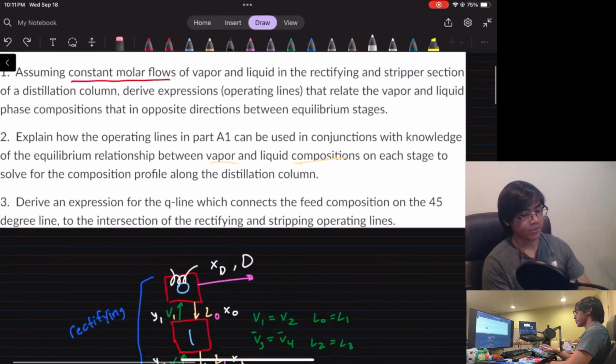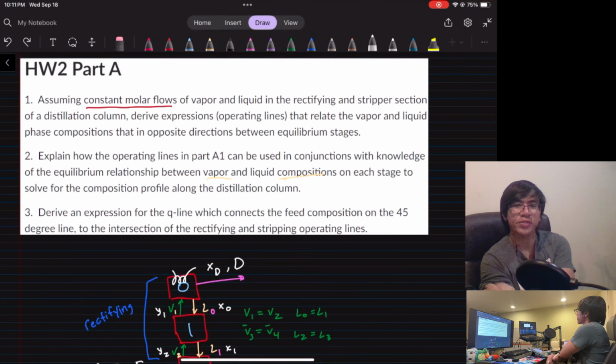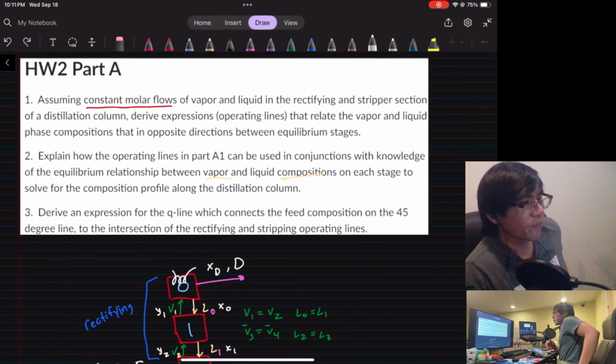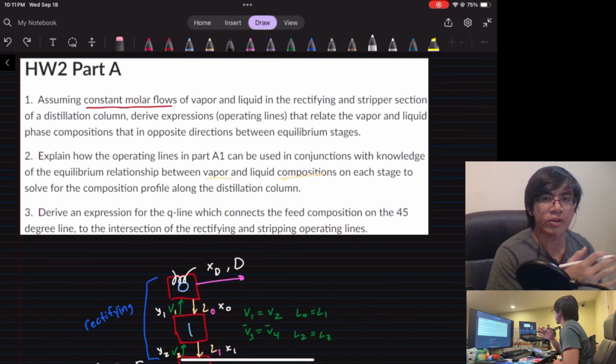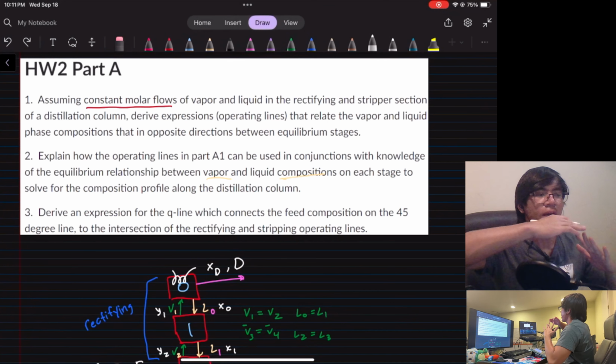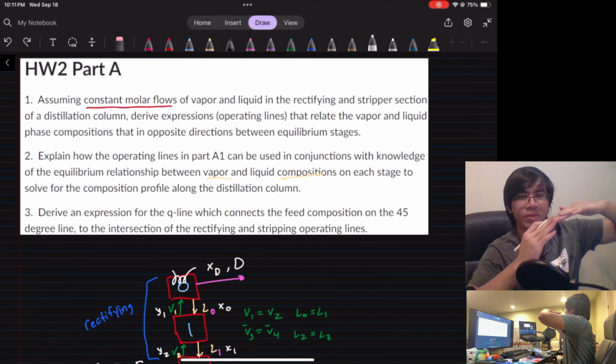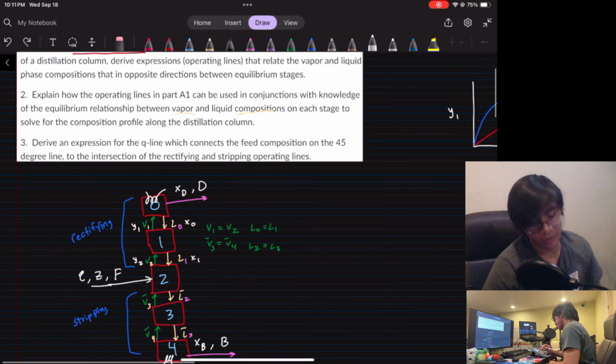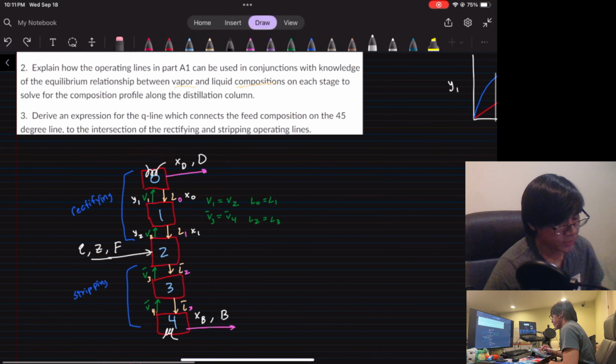Before I go graph this, let's also derive the Q line. The Q line is the line connecting the 45-degree line on the binary XY diagram to the intersection of the rectifying and stripping operating lines. So to get that Q line, what do we want to do?